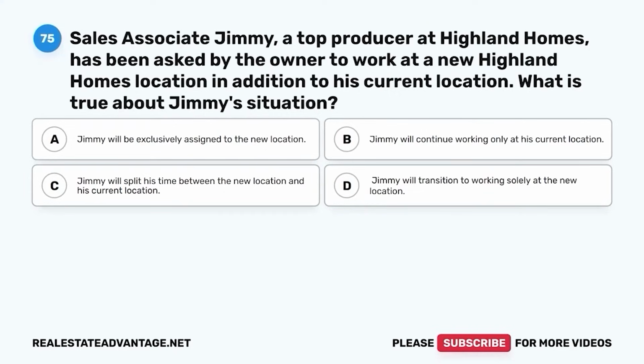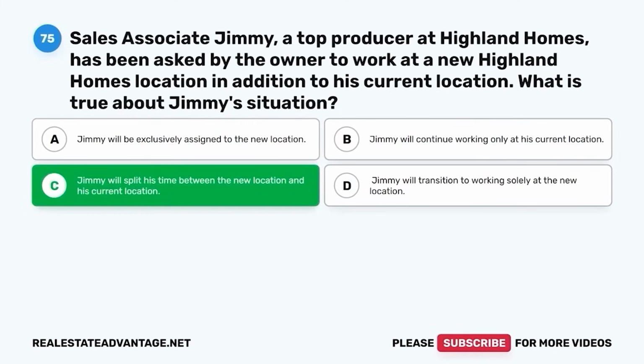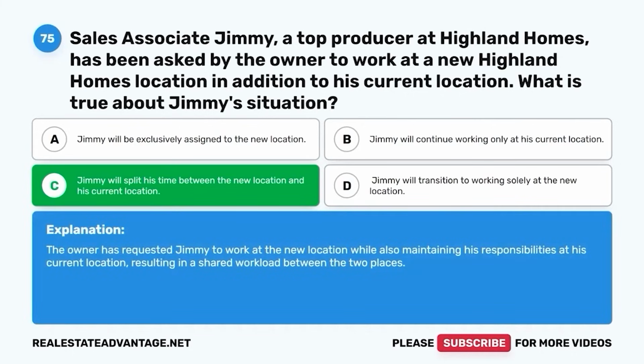C. Jimmy will split his time between the new location and his current location. D. Jimmy will transition to working solely at the new location. The correct answer is C. Jimmy will split his time between the new location and his current location. The owner has requested Jimmy to work at the new location while also maintaining his responsibilities at his current location, resulting in a shared workload between the two places.